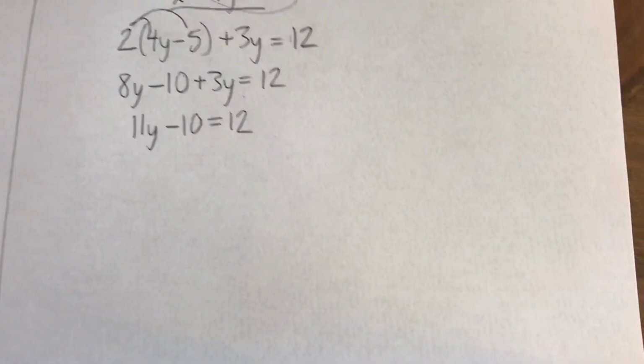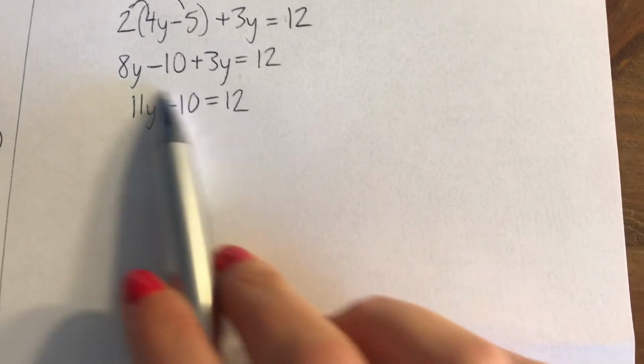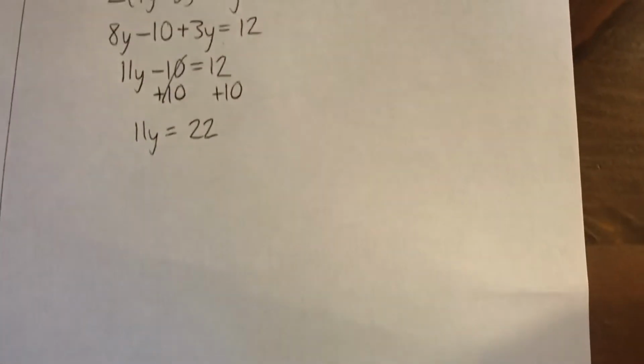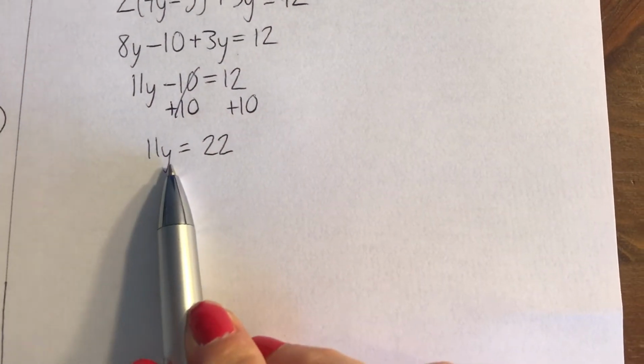Awesome. Okay, now I have to get y by itself. So the opposite of negative 10 is positive 10. So I'm going to add 10, add 10. So I got 11y equals 12 plus 10 is 22. Now, 11 is being multiplied by y.